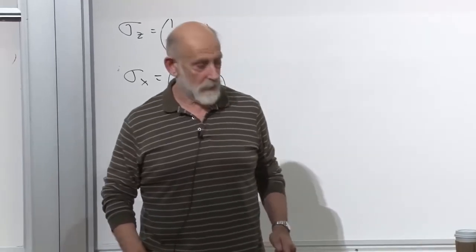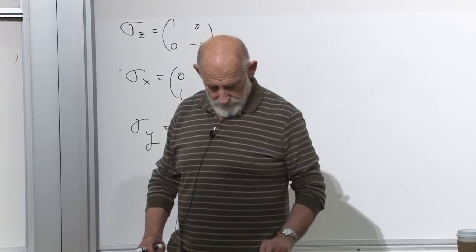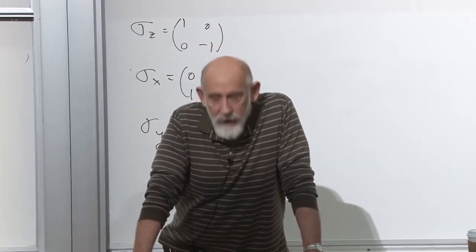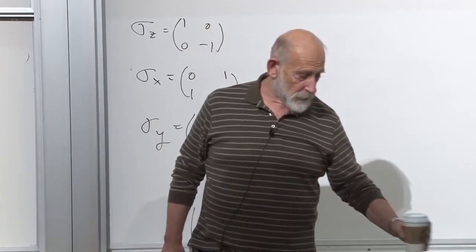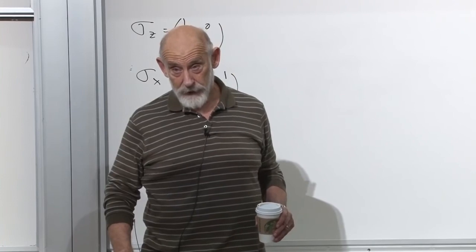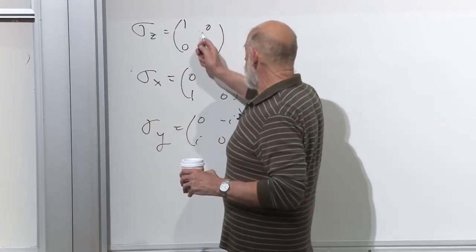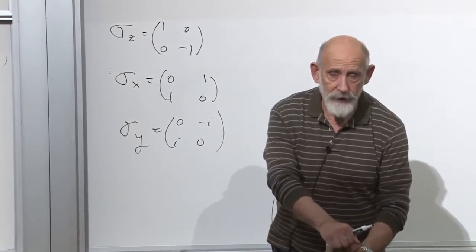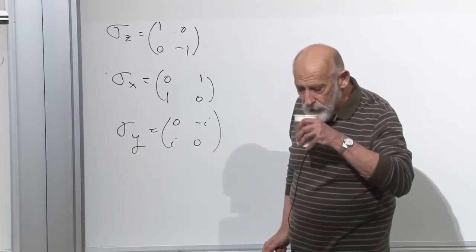There's no minus in sigma x? No minus in sigma x. All 3 are Hermitian. If a matrix is real, meaning its entries are real numbers, and Hermitian, it's symmetric. That's sigma z and sigma x. If a matrix is Hermitian and imaginary, it must be antisymmetric. So that's sigma y.